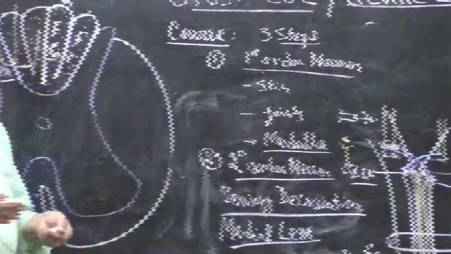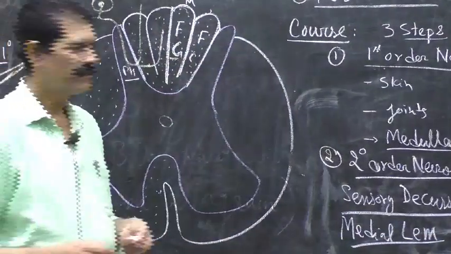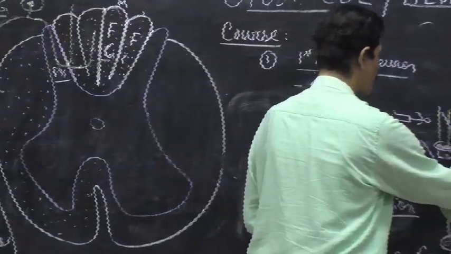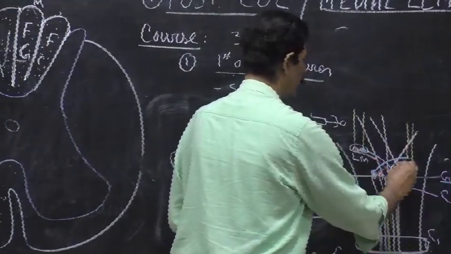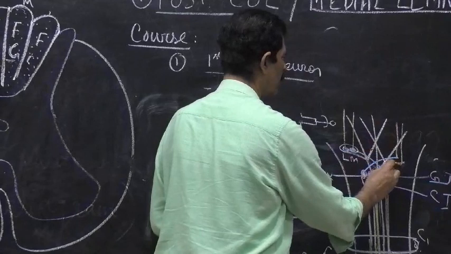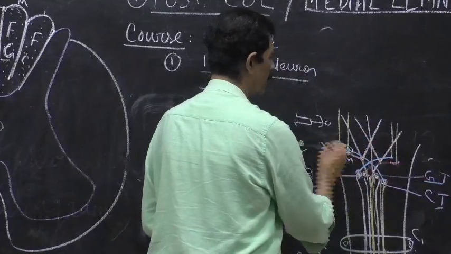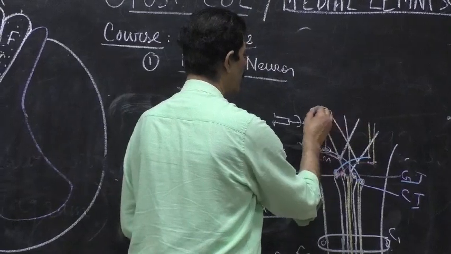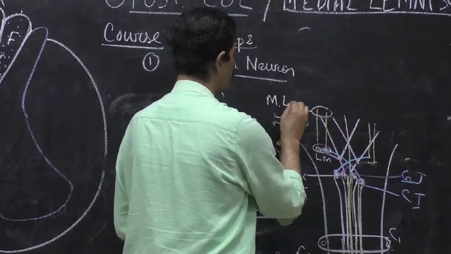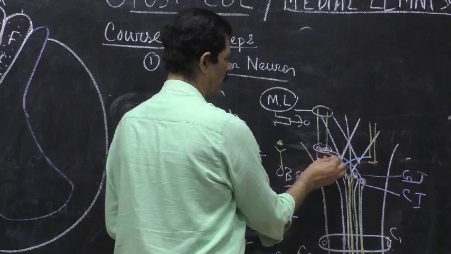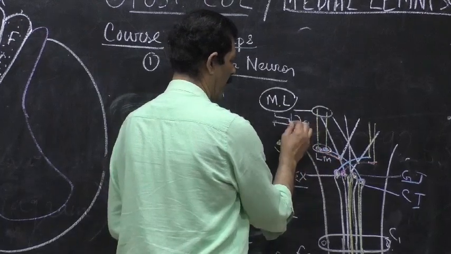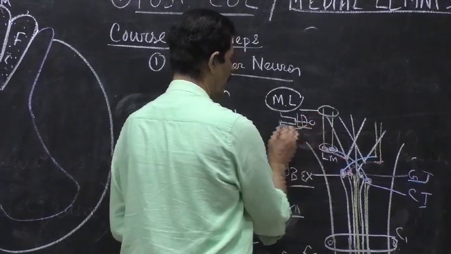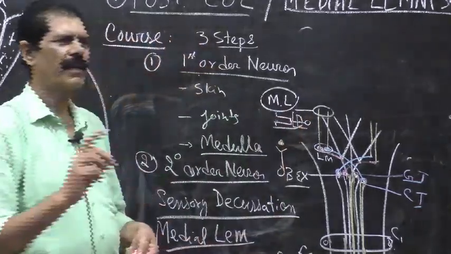They are lying near the midline of the body. So they ascend upward as this bundle called medial lemniscus, in which upper half body is medial and lower half is lateral in position. So now they are named as medial lemniscus.